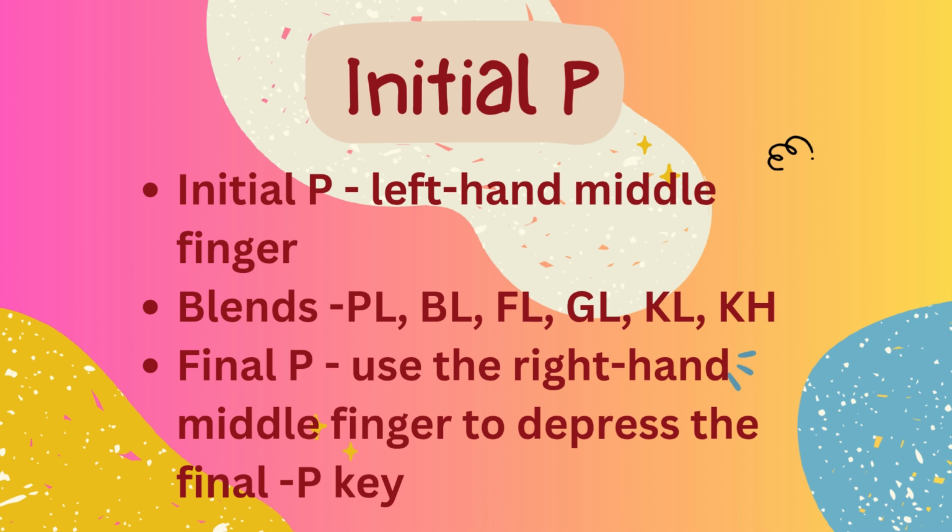Then KL, initial K using your left ring finger, and then L using your left index finger. And initial KH, initial K using your left ring finger, and initial H using your left index finger. So you are going to press all these keys simultaneously to be able to write the blends.